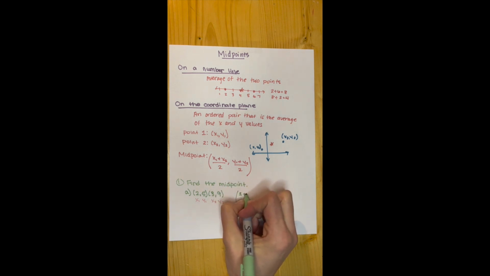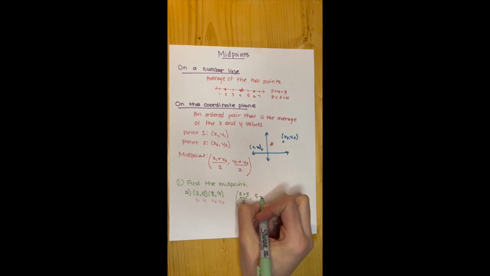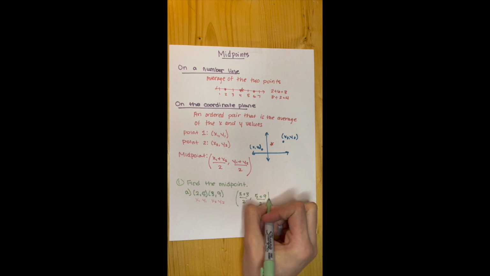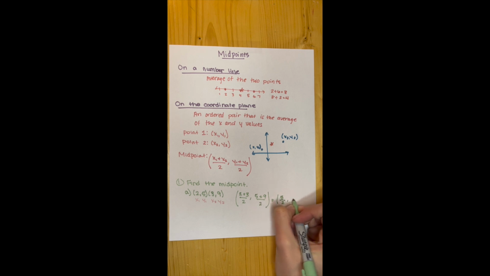We're going to take 2 plus 3 divided by 2, and 5 plus 9 divided by 2. So we get 5 over 2 and 14 over 2, which reduces to 2.5 and 7. So we have the point (2.5, 7) as our midpoint.